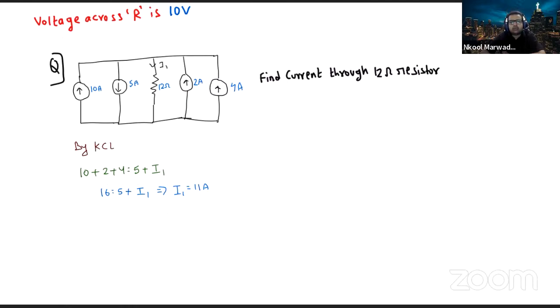I1 is the current flowing through the 12 ohm resistance. So current flowing through the 12 ohm resistor is 11 amp. This is the answer.